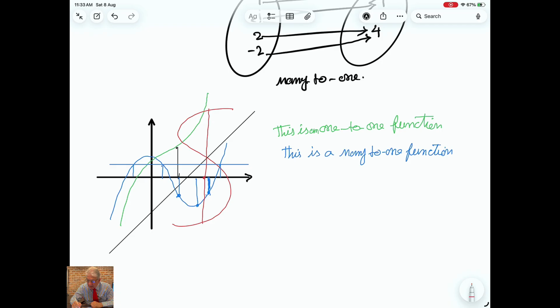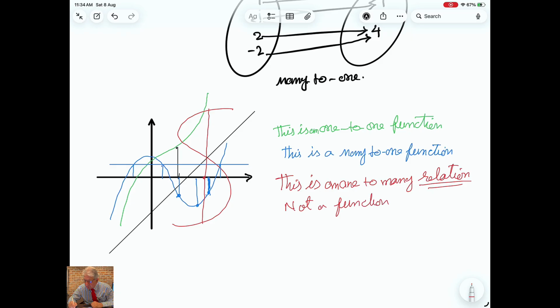This is a one-to-many relation. Not a function. Is that clear till now?